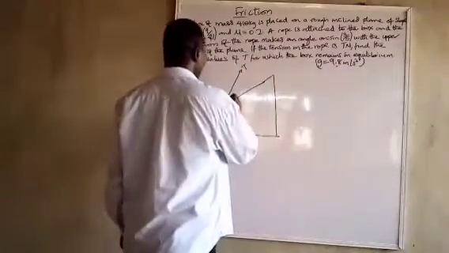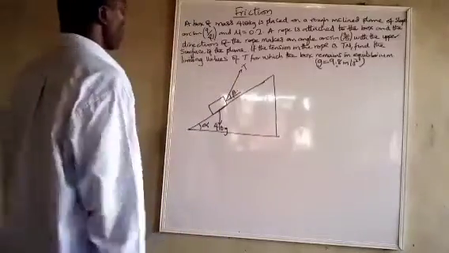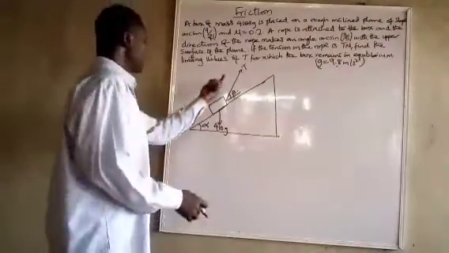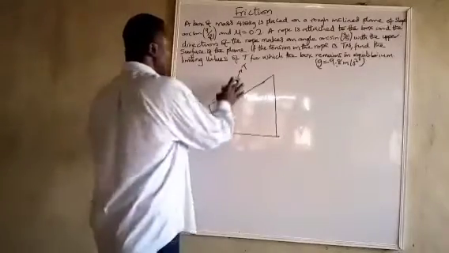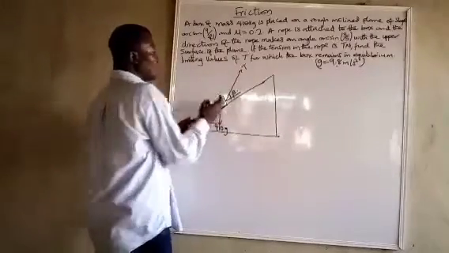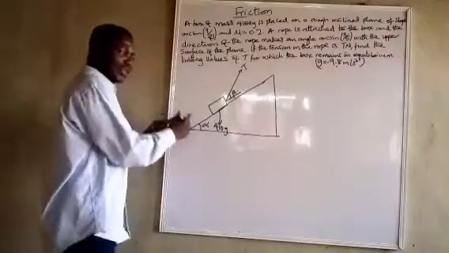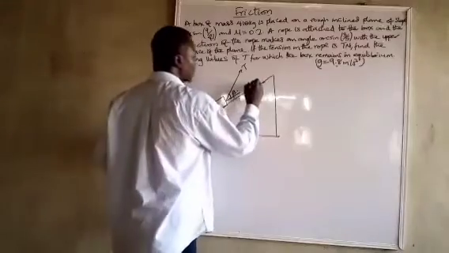Let's call this one beta. We have two situations. The body will be in equilibrium if T handles it in such a way that it is about to slide down, or when it is about to move up. So it varies from when frictional force acts downward to when frictional force acts upward.